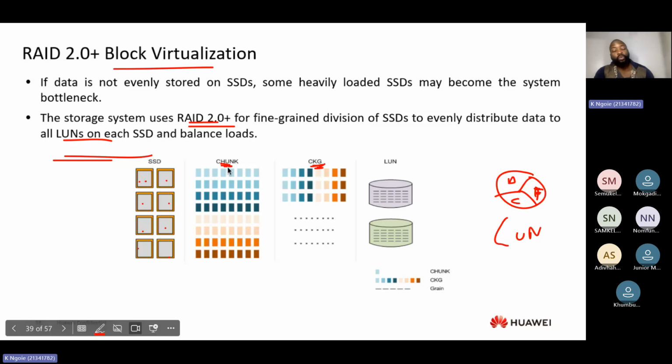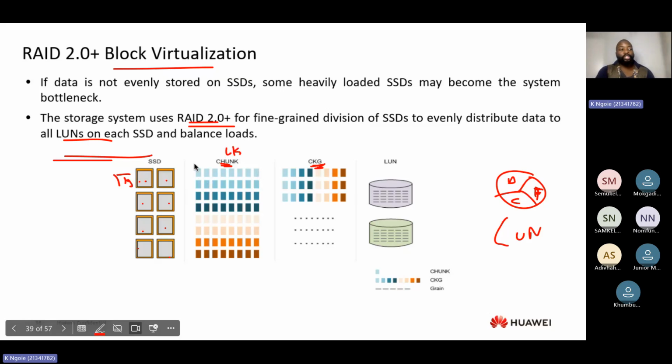Okay, so when we have those CKGs, we can take them and split them further into smaller pieces again. So this disk was maybe 1 terabyte. We take each disk, we divide it into chunks, CKs.